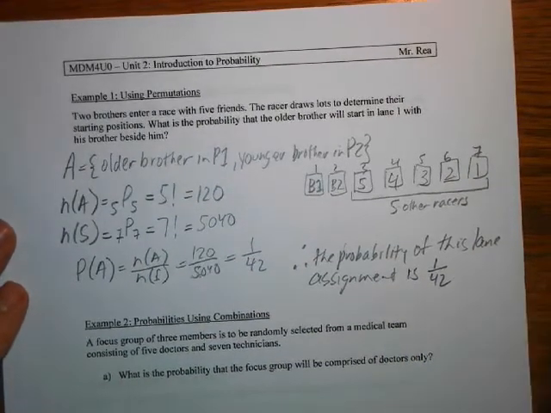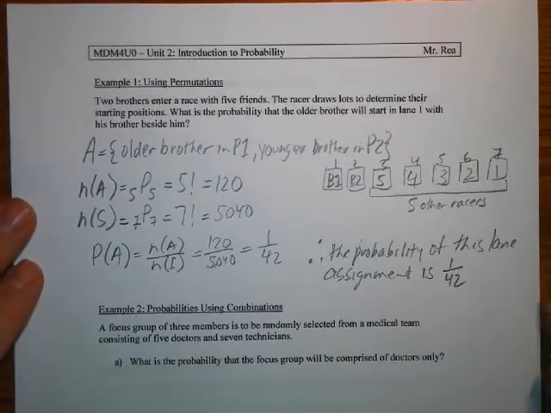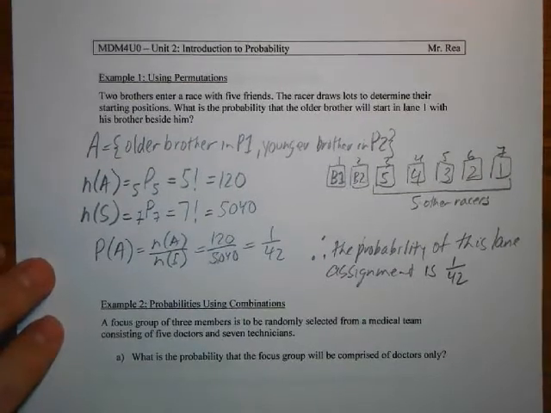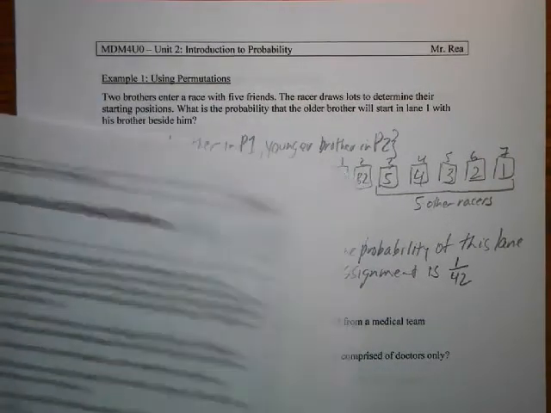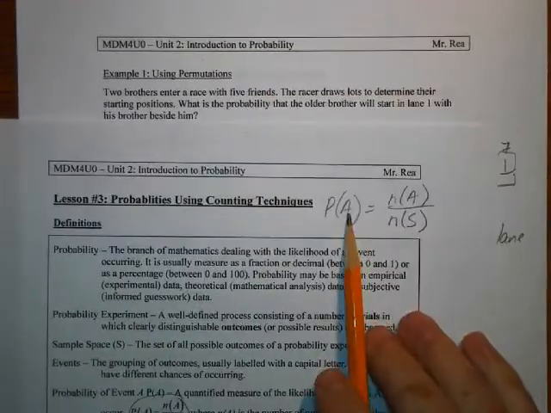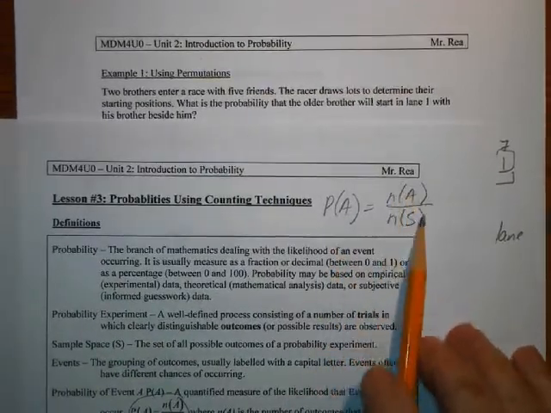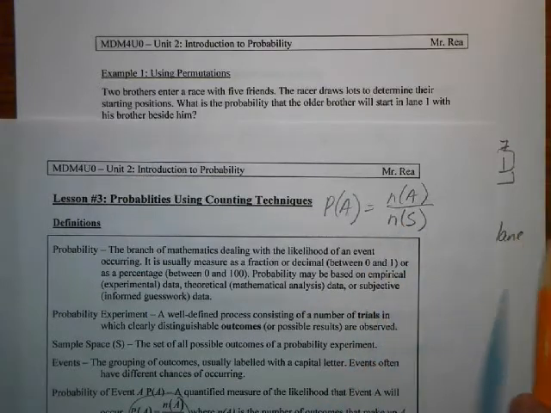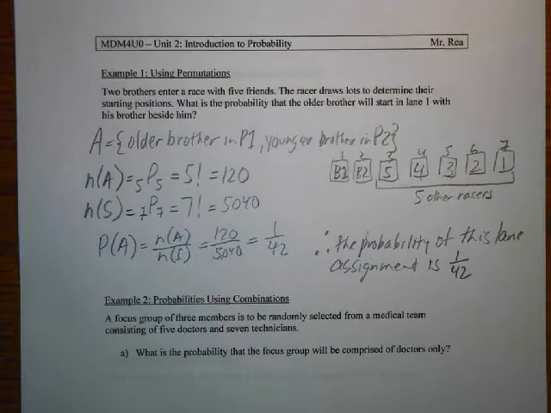You could change that to a decimal or a percentage, but that's exact. Okay, so that's how you do it. So again, we just use the concept that we had earlier. How do we calculate the probability of something happening? It's the number of times it happens over the total possible ways this experiment can happen. In this case, the experiment was assigning lanes for the 7 racers.